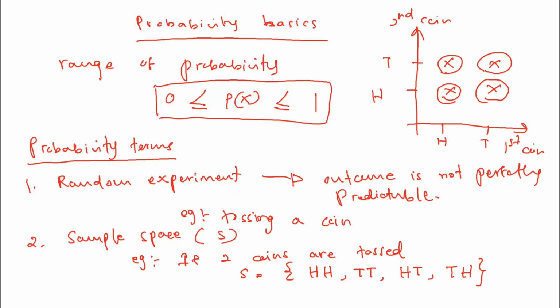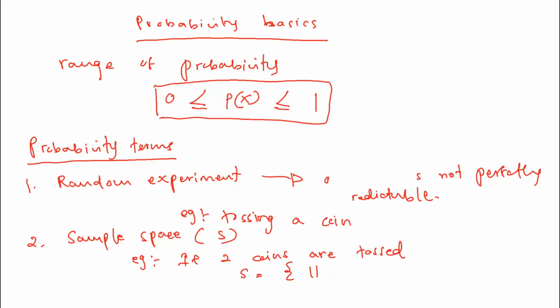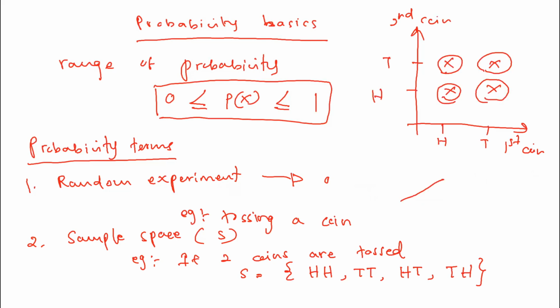And at the same time, you can also show it in a tree diagram like this. So you can say head, tail, getting head and tail in the first coin, and getting head and tail in the second coin. Right? So like this also you can show it in the form of a tree diagram.